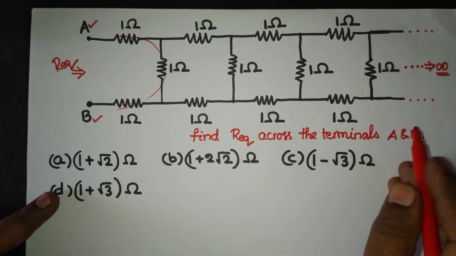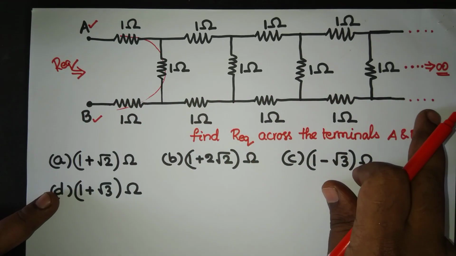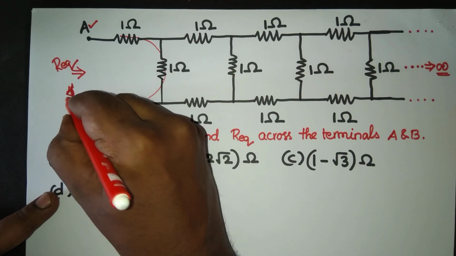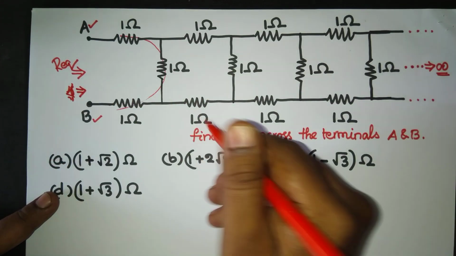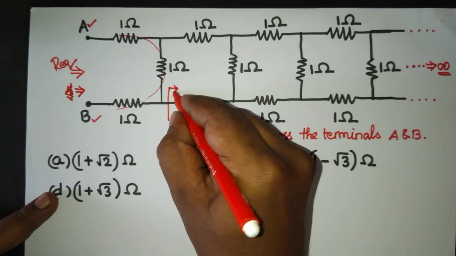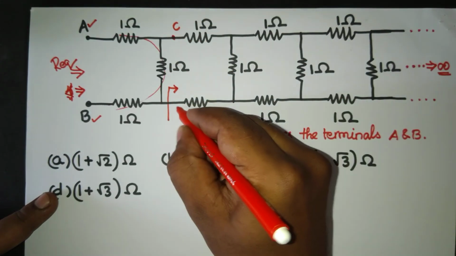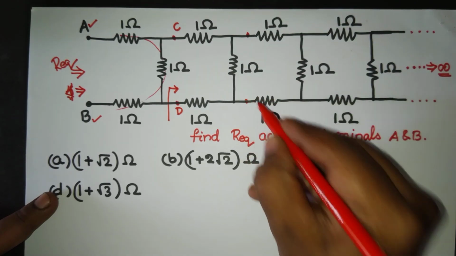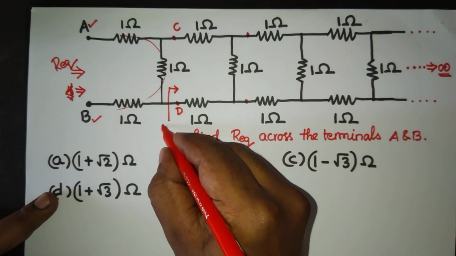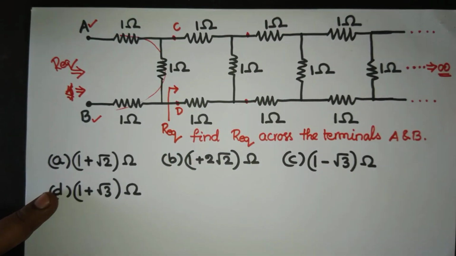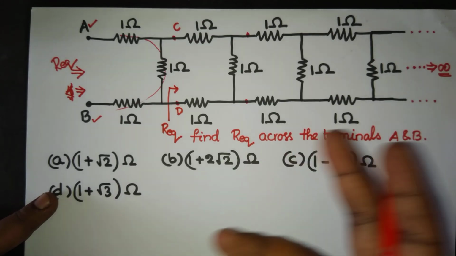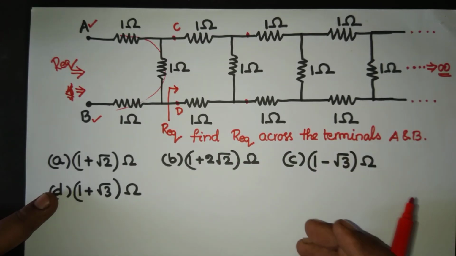So as it is the journey of infinity, no matter where you look, whether you look here, or into this terminal, say I have C and D here, whether we look into C and D or anywhere else, we can assume R equivalent. In the journey of infinity there is no real end point, you can keep on going like that.